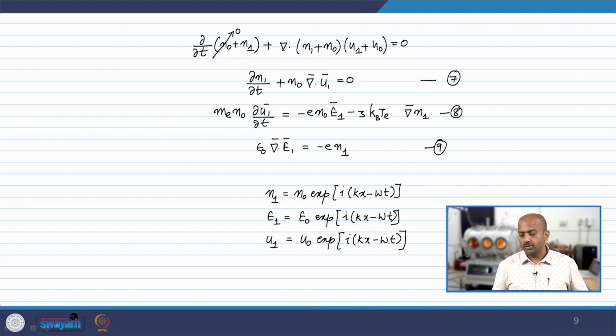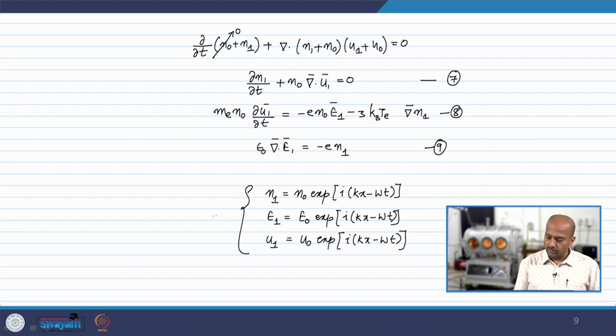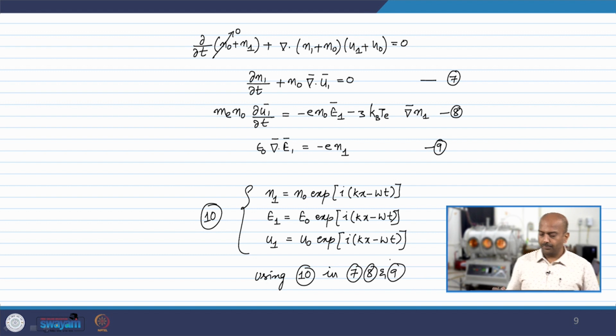Let us call these equation number 10, and we substitute the set of equations in 10 into 7, 8 and 9.